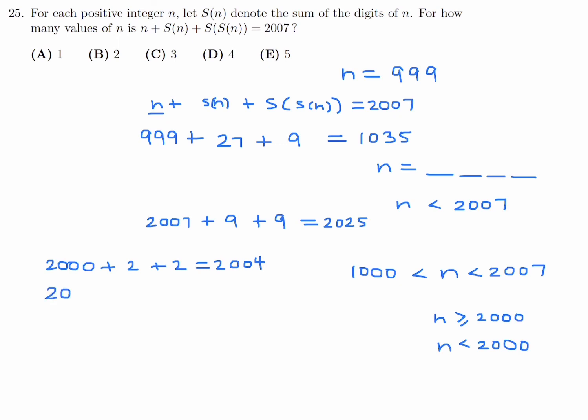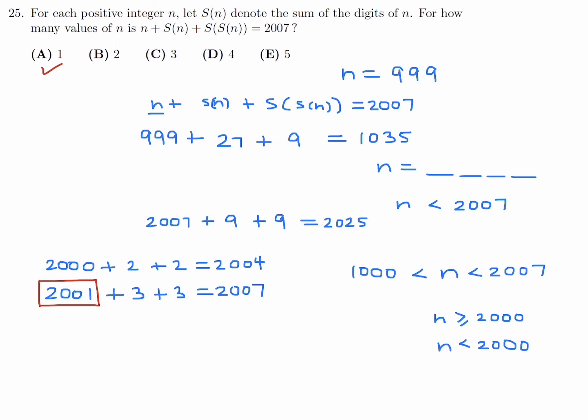How about if I chose 2001? The sum of the digits of that is 3, the sum of the digits of 3 is just 3, and there you go, that is 2007. So I just got one value that works. Now, we want to do this quickly. It's a math contest, we don't have all day.